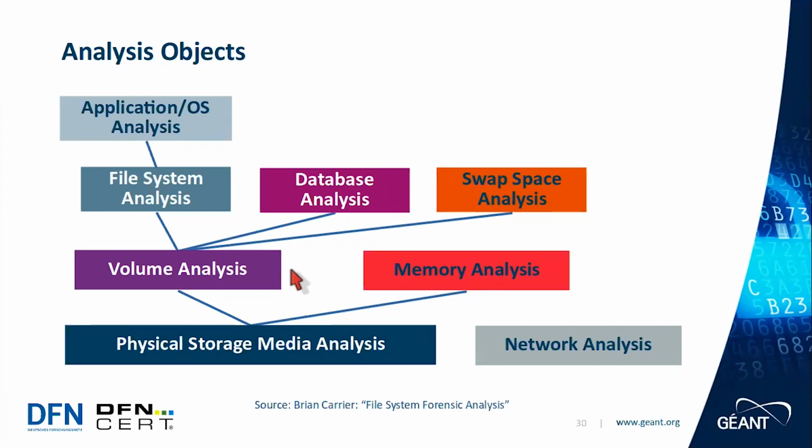It may even be a CD or DVD if it's still present on your system. On this, we have file systems, maybe databases, and swap spaces in their separate partitions. At a higher level, we will end up analyzing specific applications, like, for example, your browser or any other system that may have been compromised.